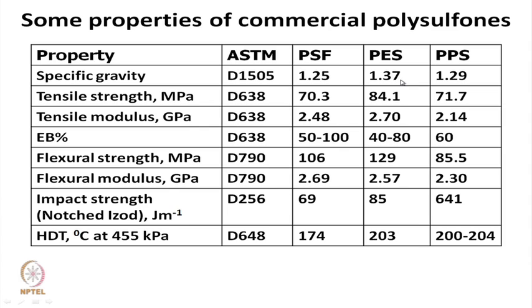Tensile strength, in the case of this polyether sulfone, is highest among these three. This is 84 megapascal, and tensile modulus, obviously, is also highest for this polyether sulfone, and elongation at break is at the lower range for this polyether sulfone.